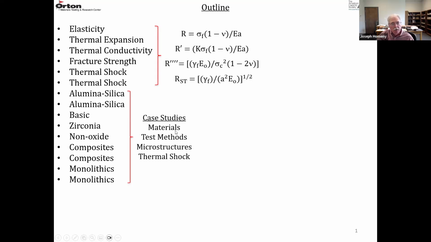We'll look at the different materials, how they're tested, because there's a variety of thermal shock test methods. We'll look at the microstructures that improve thermal shock resistance, and then the thermal shock behavior. So the second part of the course is all about what's been done on these different refractory systems to improve their thermal shock behavior.